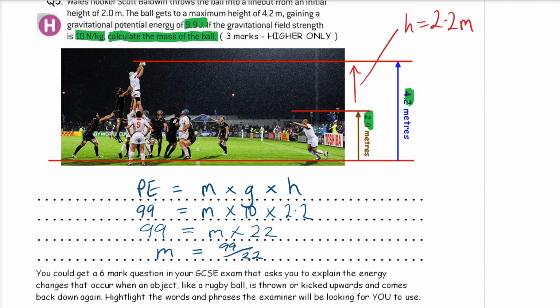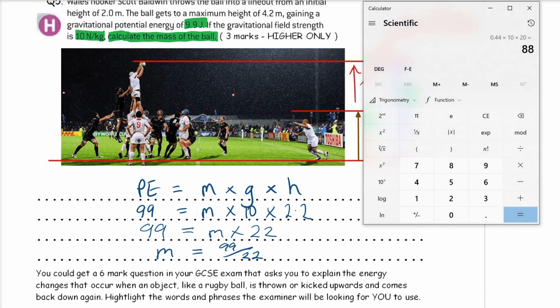I'm just rearranging by dividing both sides by 22, and then you'd need your calculator. 99 divided by 22, and that comes to 4.5 kilograms.